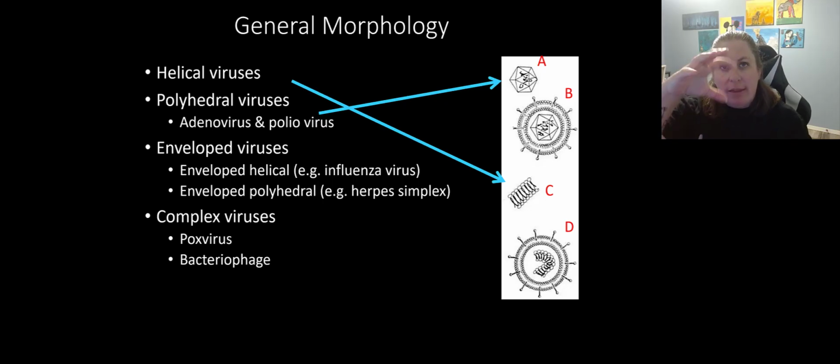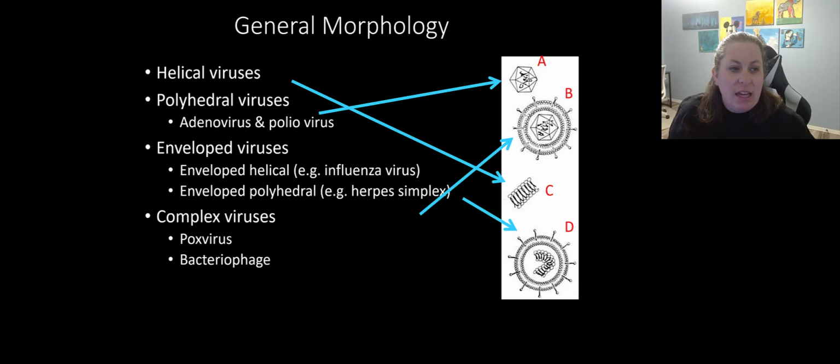Okay, so they have all these sides of their capsid and they are polyhedral. Others are enveloped. So enveloped viruses, they can be enveloped helical viruses or they could be enveloped polyhedral. Enveloped helical are example of like the influenza or flu virus, whereas enveloped polyhedral is like the herpes virus. All right, and so here's an example.